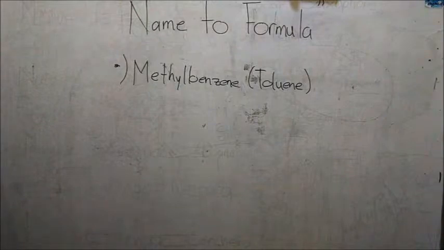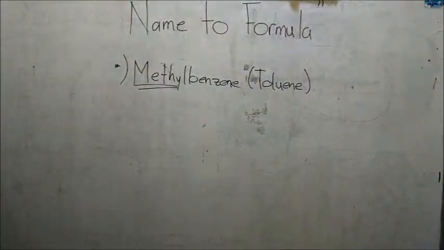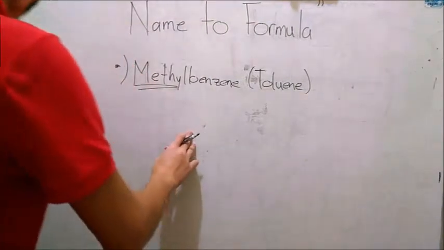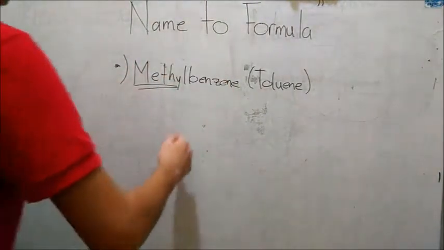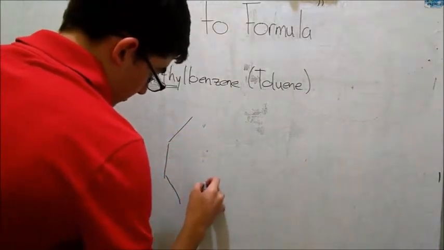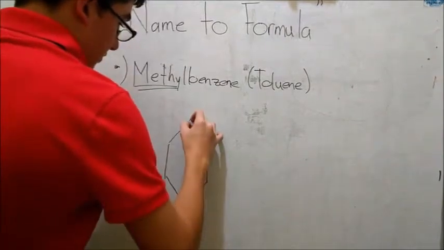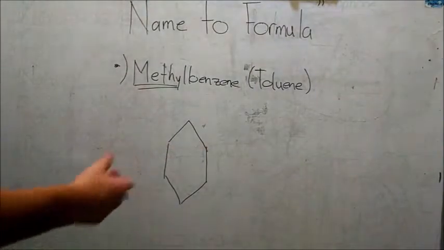Well, we know that we have methyl, so we know, okay, we have methyl. So what are we going to do? Well, first we are going to make the formula. To create the formula, we know that we have this one over here, and we are going to make also the lines.